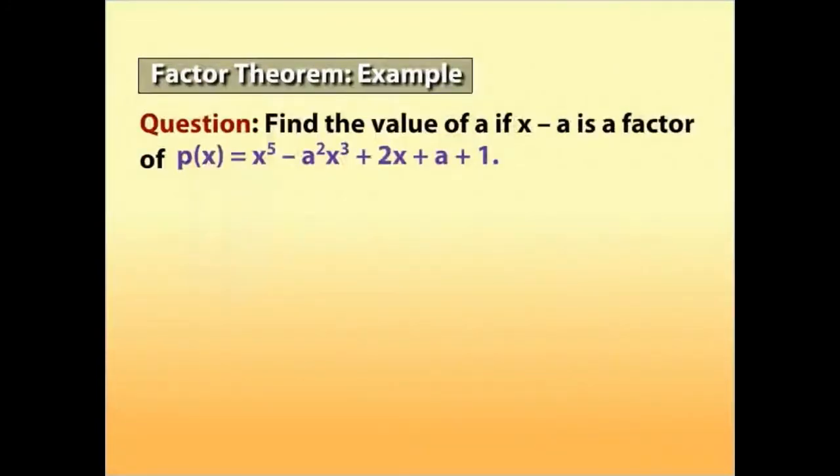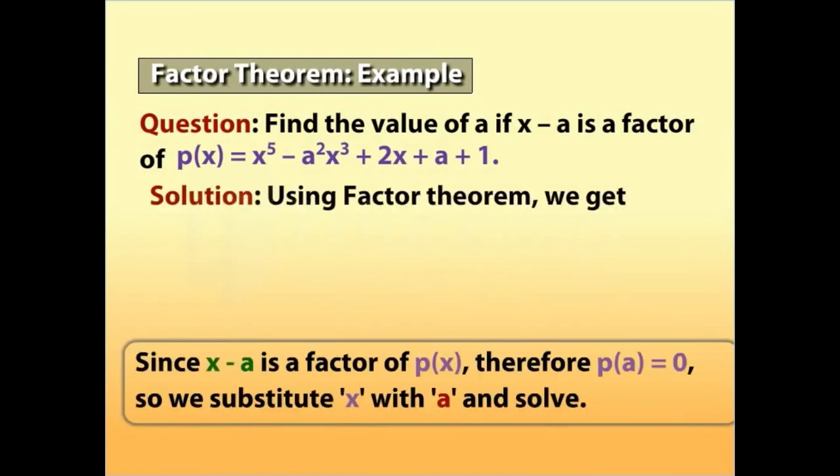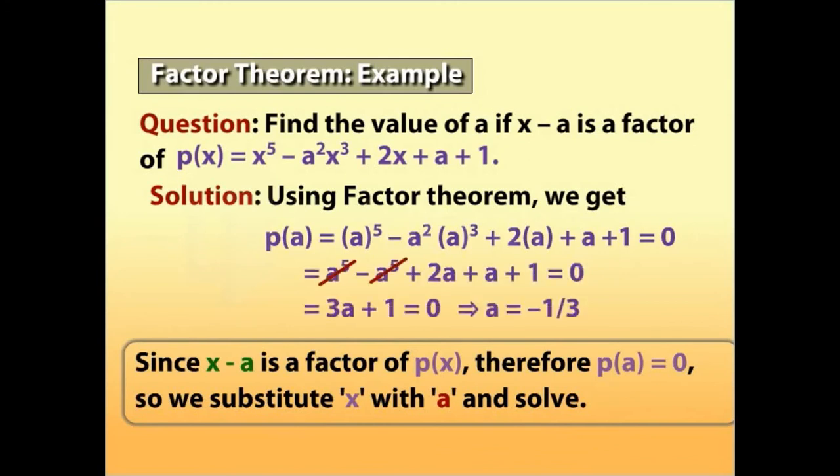Next, consider this example. Find the value of a if x minus a is a factor of p of x equal to x to the power of 5 minus a square into x cube plus 2x plus a plus 1. As x minus a is a factor of p of x, therefore, from factor theorem, p of a must be equal to 0.